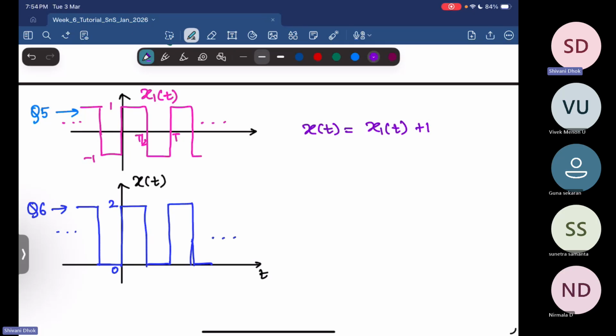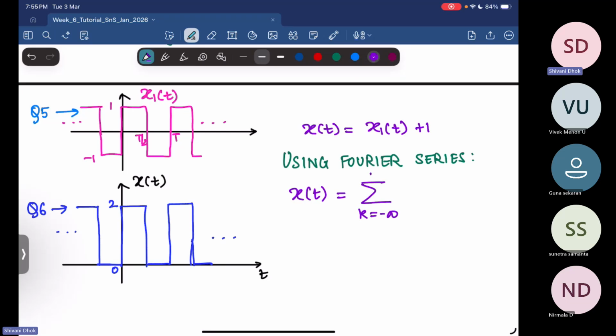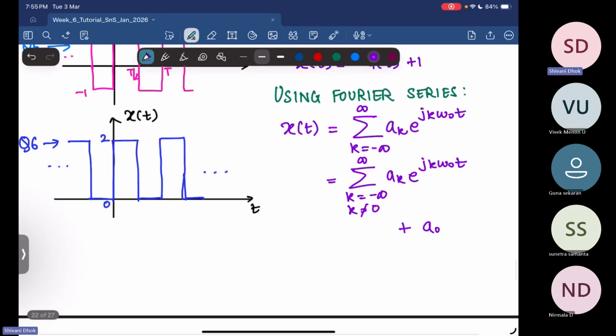Okay. Now what you can see is, using Fourier series, your x of t we represented as summation k running from minus infinity to infinity ak into e power j k omega naught t, or rather I can write this as summation k running from minus infinity to infinity for k not equal to 0 ak into e power j k omega naught t plus a0, and we saw that this a0 was equal to 1.